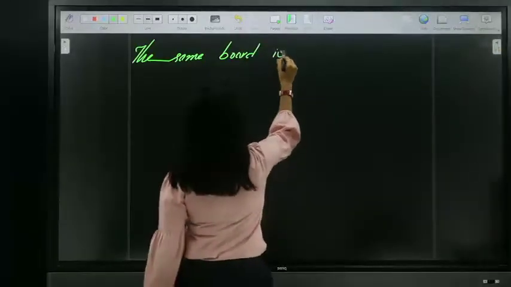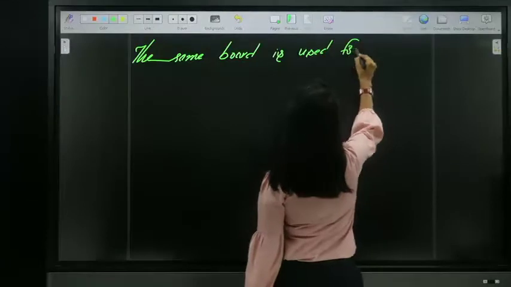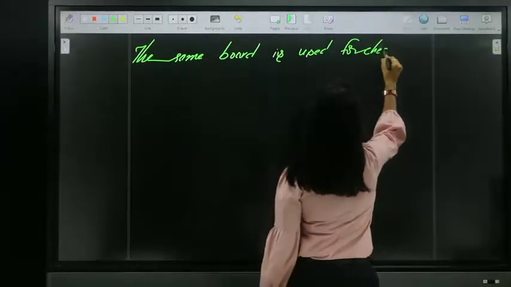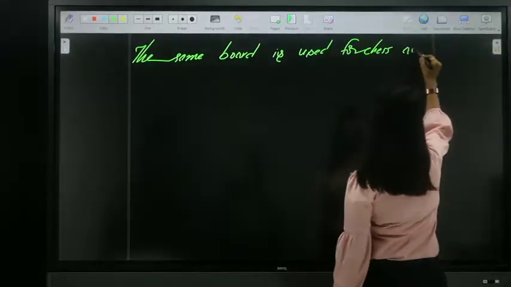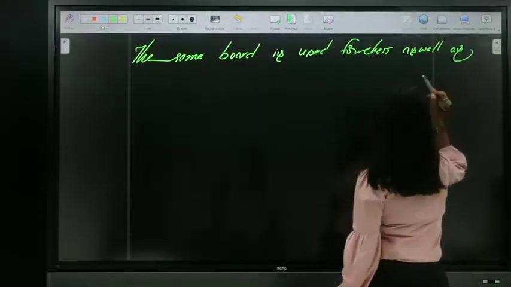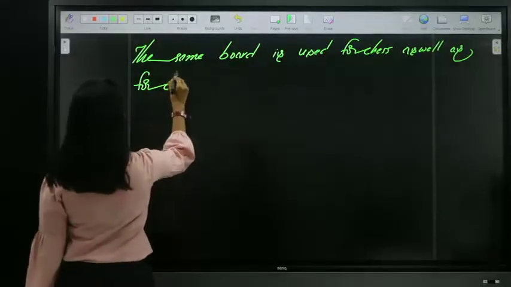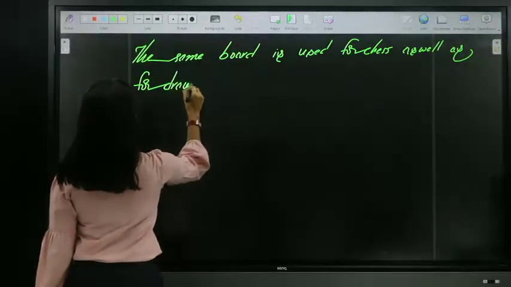The same board is used for chess as well as for draughts.